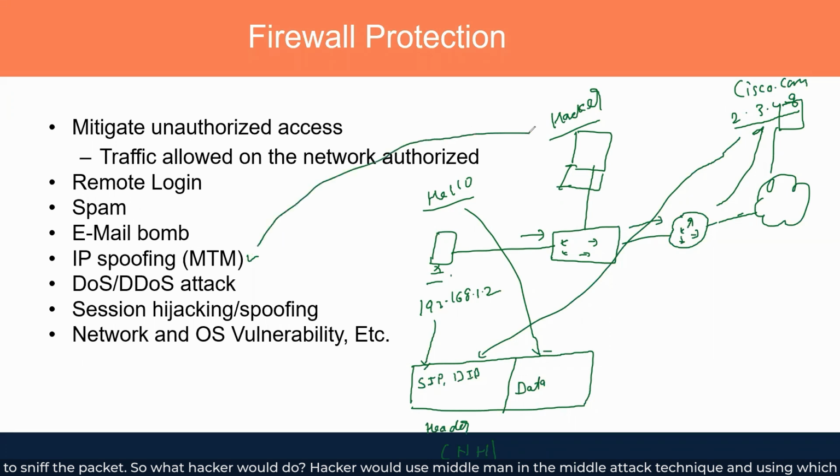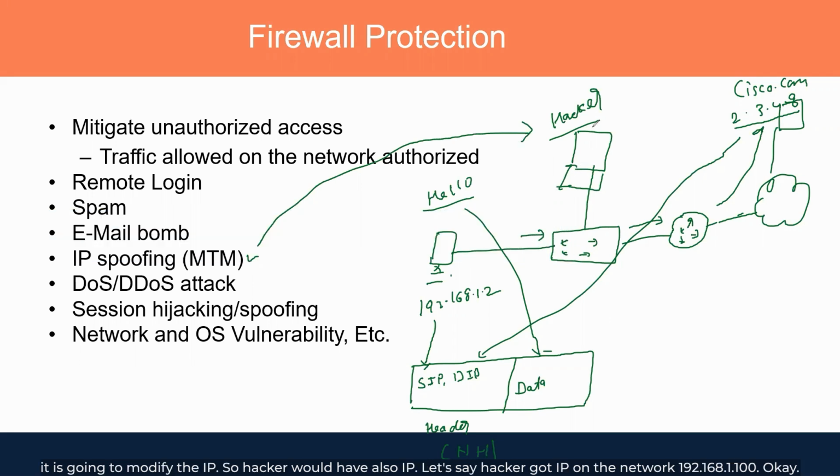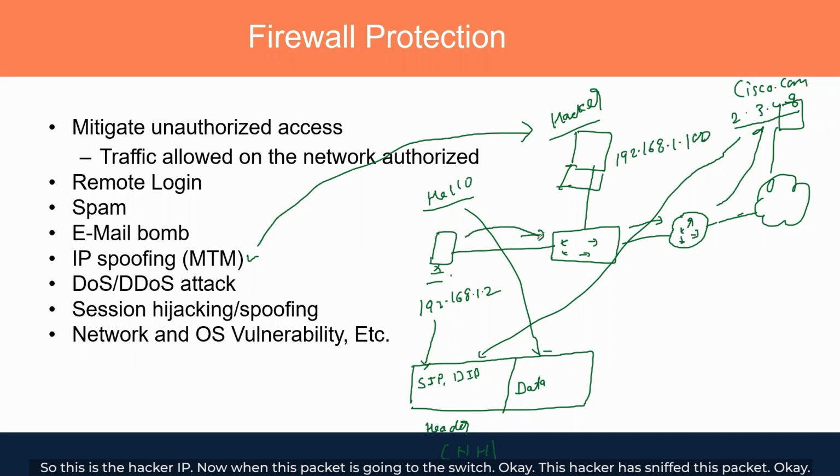So what would the hacker do? The hacker would use a man-in-the-middle attack technique, with which he is going to modify the IP. The hacker also has an IP. Let's say the hacker got the IP 192.168.1.100 on the network. Now when this packet is going to the switch, the hacker has sniffed this packet, and the hacker has modified the traffic.